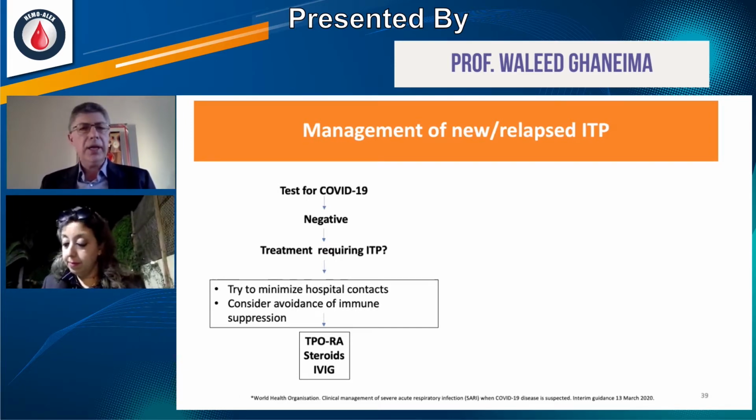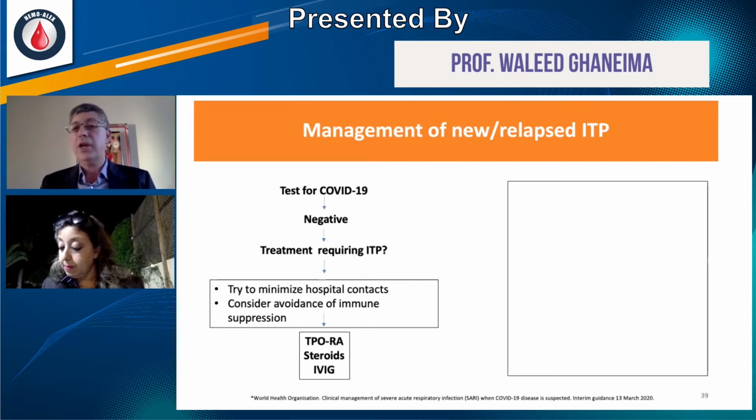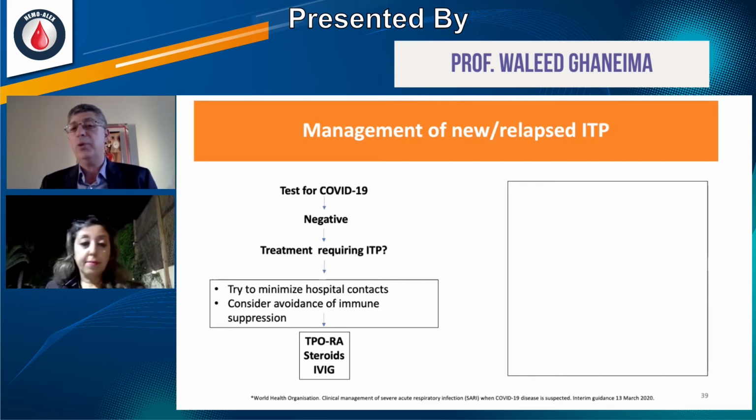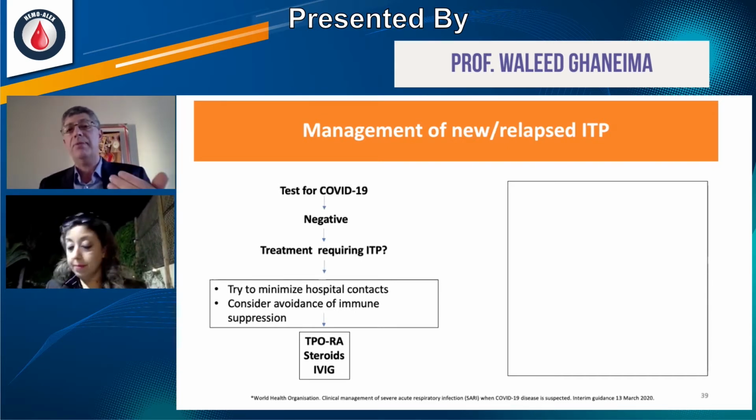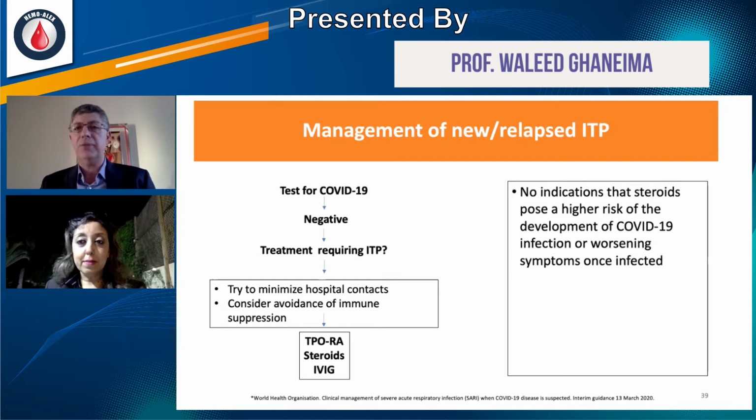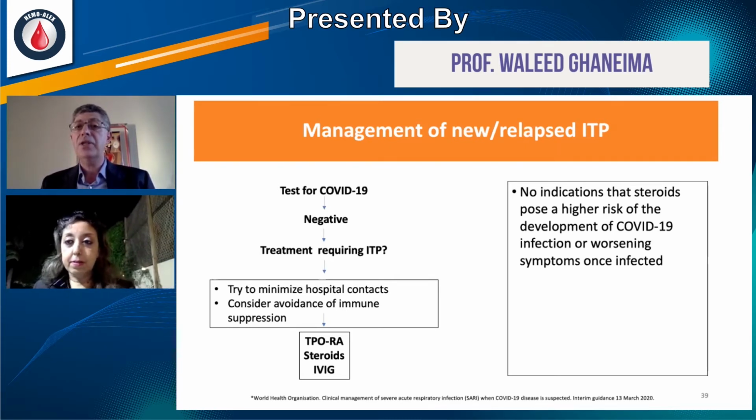Steroids, you can probably use, although generally we want to consider avoidance of immune suppression. We don't know if immune suppression is beneficial or harmful to the patients. It might be beneficial. There's no indication that steroids pose a higher risk of developing COVID-19 infection or worsening of symptoms.